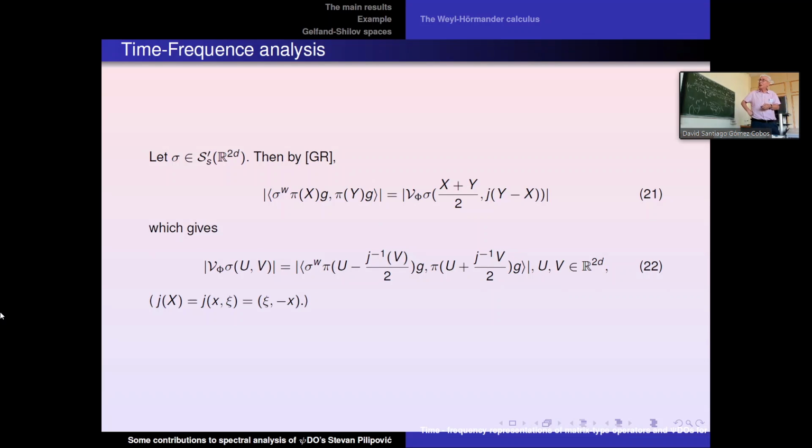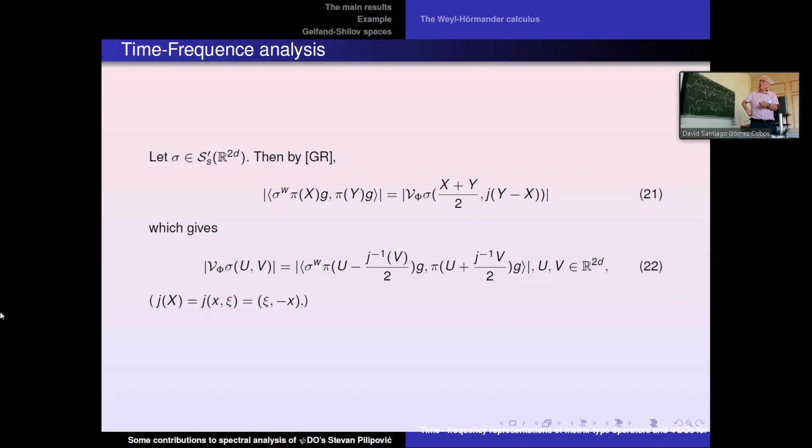But the relations of Weyl quantization of a symbol, which is here in S to S prime. This S is sometimes up or down, but it depends on what I put. I forgot sometimes what I put before.